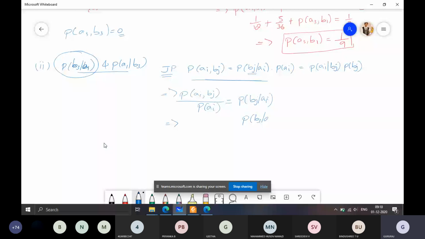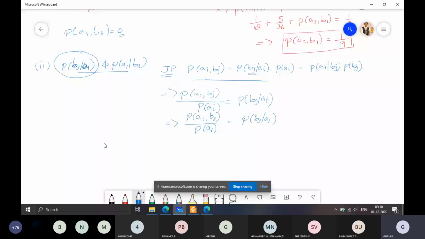Then what about the J value? It is 3, so B3. So P of B3 by A1 is equal to P of A1 comma B3 divided by P of A1.